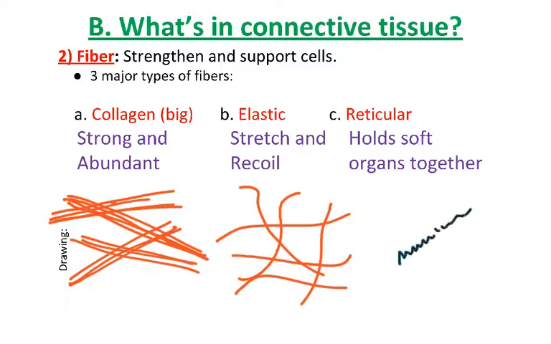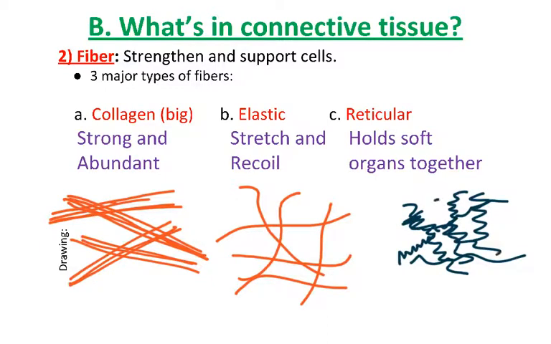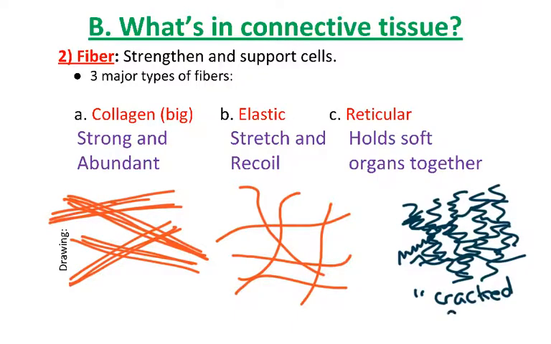So when you see reticular, they wave all around, with cells between them, and honestly they look like cracked glass. Usually you never see reticular strands in a normal microscope, though you will see collagen and elastic, unless the tissue is specifically stained to look for reticular fibers.